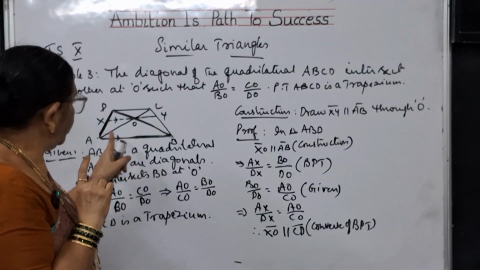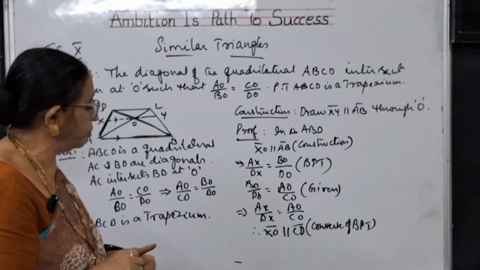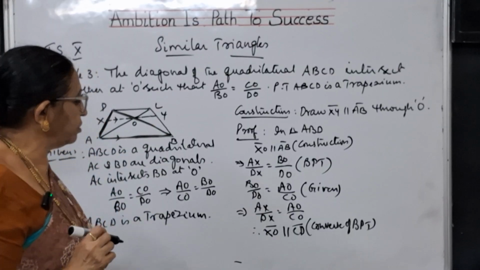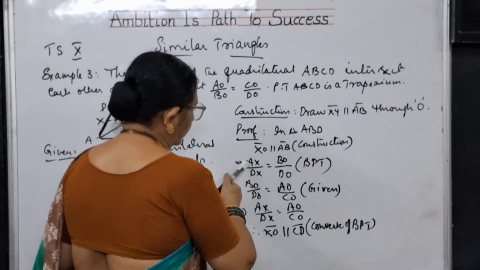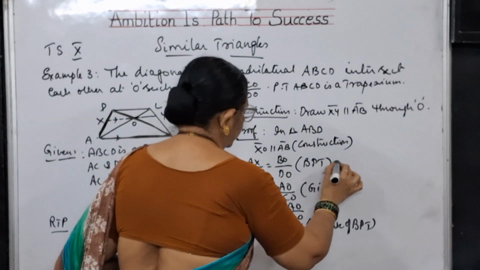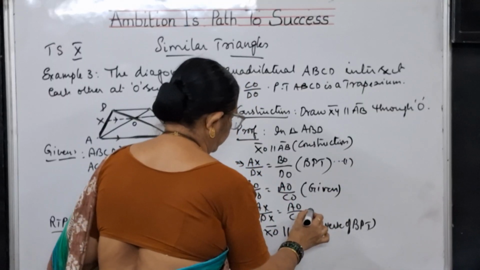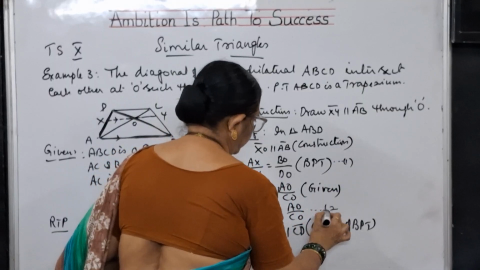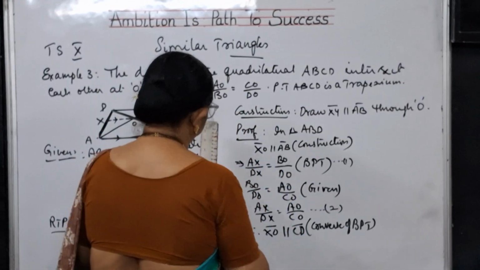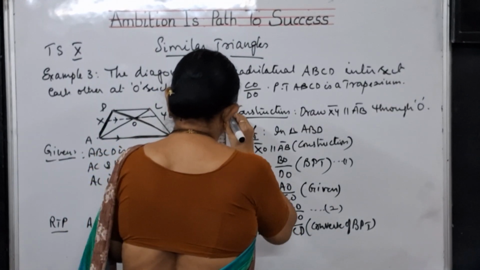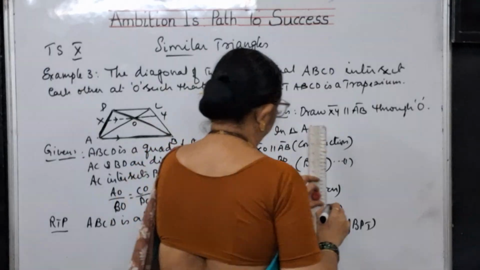The sides are parallel to each other, we could prove. So this is basing on converse of BPT. Let us consider this as first equation and consider this as second equation.